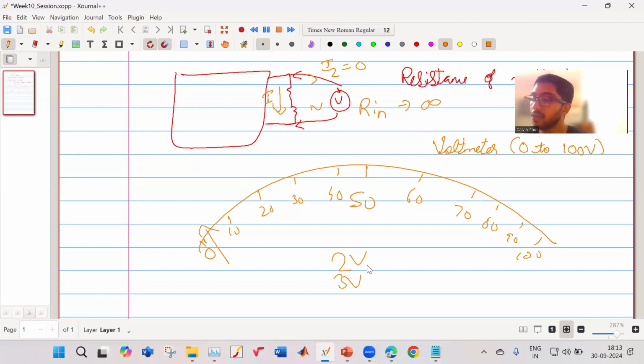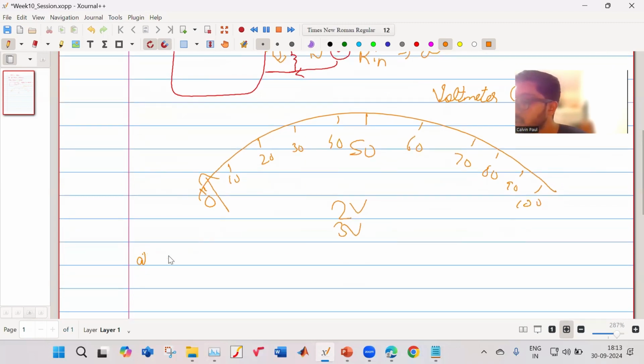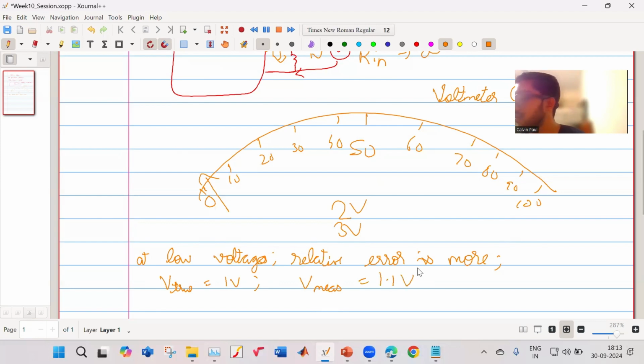Also, at low voltages the relative error is more. Suppose my true voltage is 1 volt, but because of error, I measure it to be 1.1 volt.